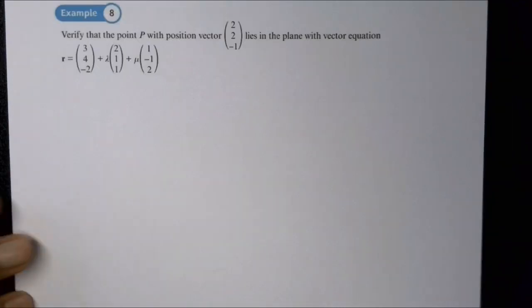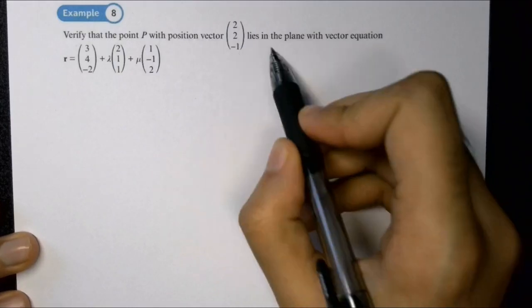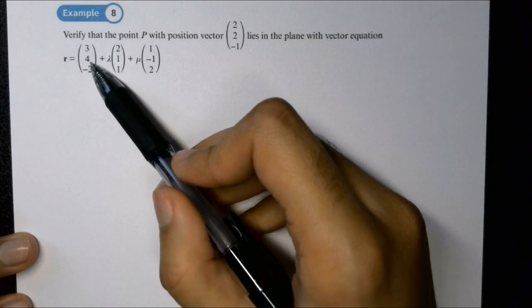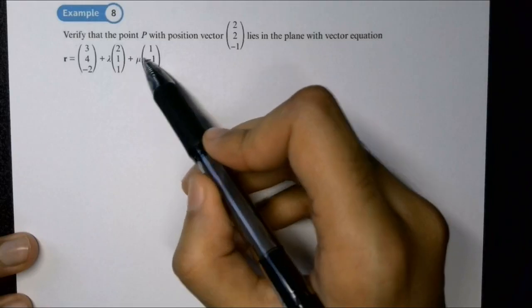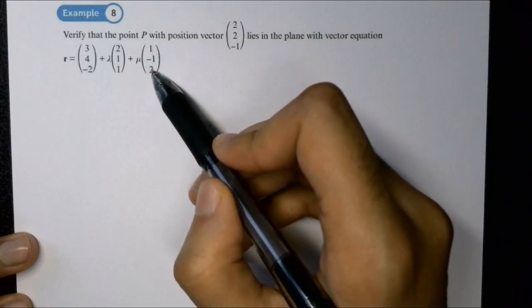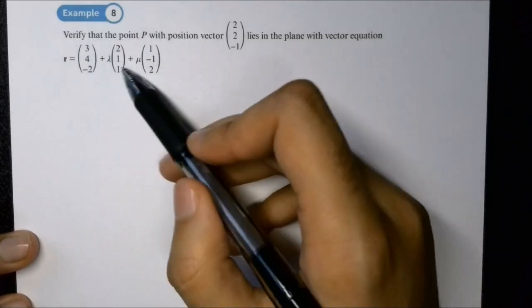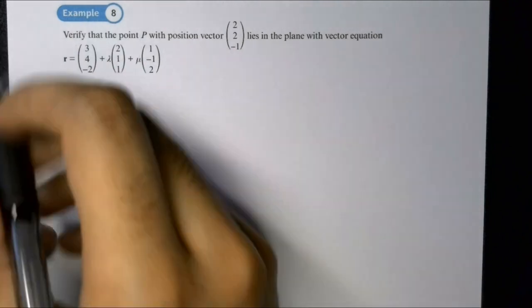Example number 8, we have to verify that the point P with position vector 2, 2, minus 1 lies in the plane with vector equation 3, 4, minus 2 plus lambda lots of 2, 1, 1 plus mu lots of 1, minus 1, 2. Now, what we can do is write this equation as a single vector.